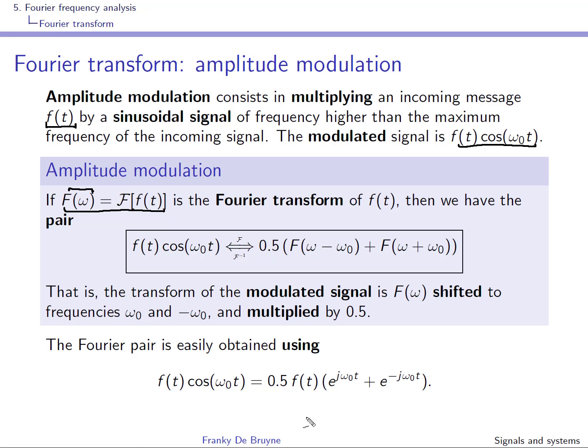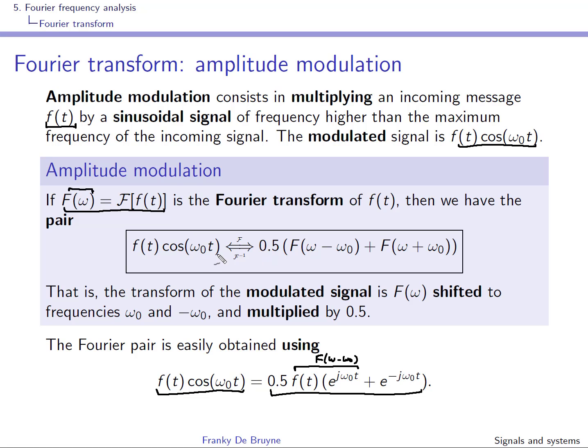So this modulated signal, the original signal f(t) times the carrier, can be rewritten differently using the Euler identity. And we have seen, for instance, that the Fourier transform of this one is F(omega minus omega 0). So you take the original Fourier transform and you do frequency shifting.